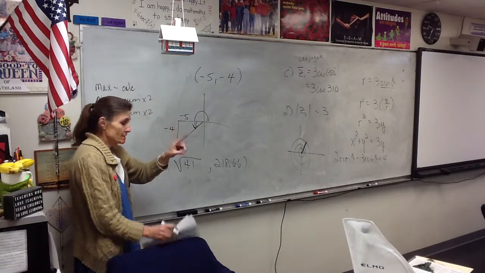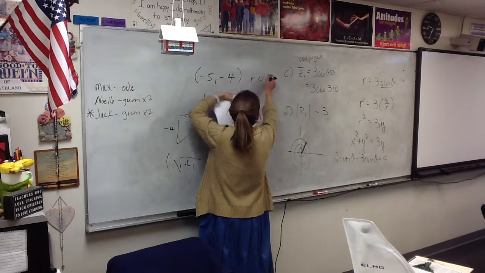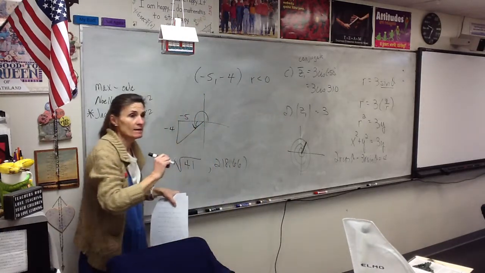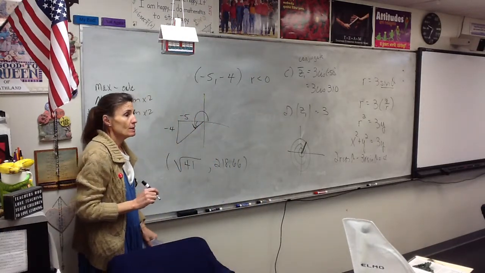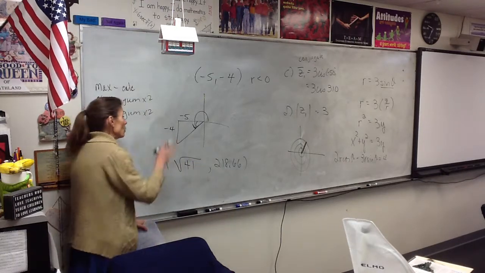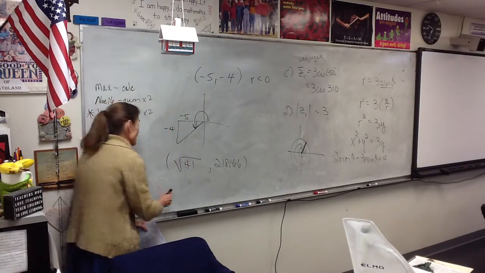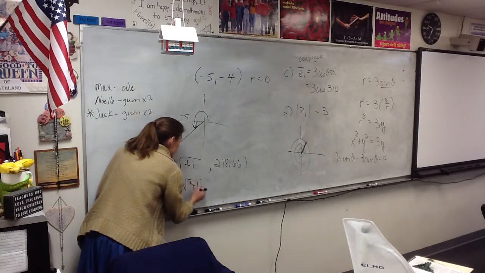But did you notice the little thing over here that said R has to be negative? Groupies, R never comes out negative. It will always be positive. If you need it to be negative, you have to do an extra step.